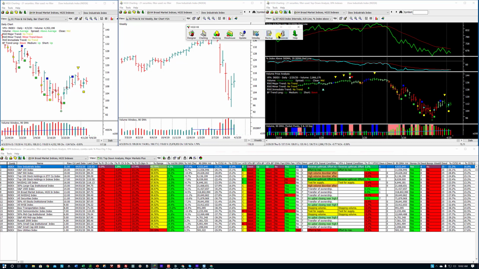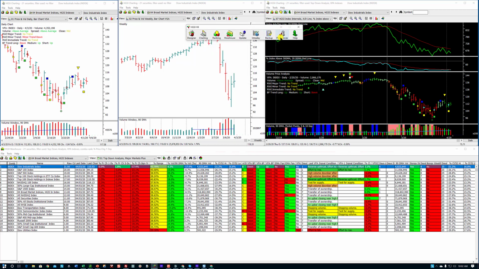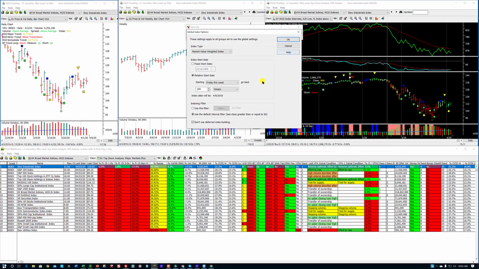Now, I'm going to go in here first of all, and click on update. Under preferences is where I want to go, and then global index options. If you want to duplicate my charts, make sure that you are using market value weighted index, which puts more emphasis on the larger cap stocks, starting Friday of this week and going back 104 weeks or 2 years.